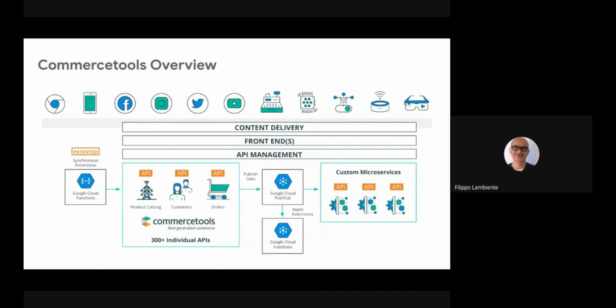I can have Apigee in front of the different channels and provide all the security mechanisms that we have seen before, because each particular channel may require different security aspects. Apigee is also used in the communication between the content delivery front end and the backend systems that provide the functionality of the e-commerce.